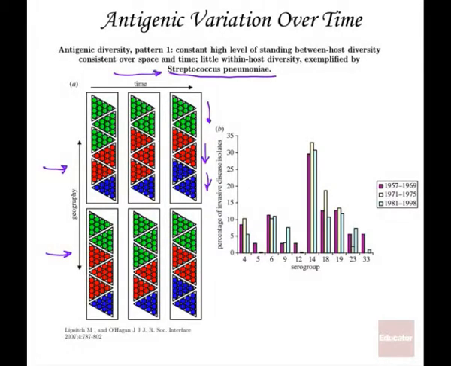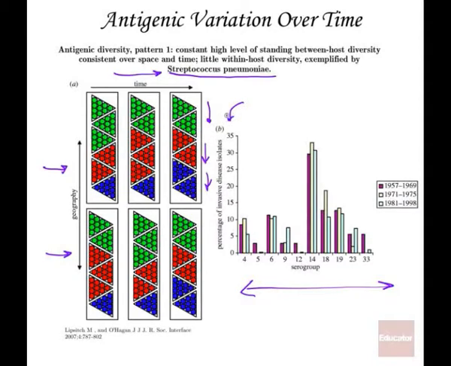And then in this graph here, you can see that there have been 3 different strains of Streptococcus pneumoniae that were collected in a particular hospital. On this axis, this is the percentage of invasive disease isolates.